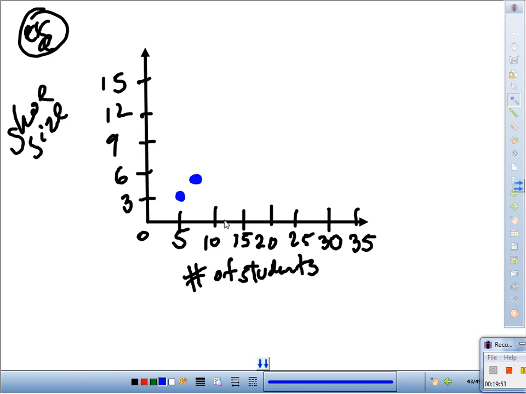I have 12 students at size 7. 15 students at size 6. 18 students at size 11. 23 students at size 10. 25 students at size 13.